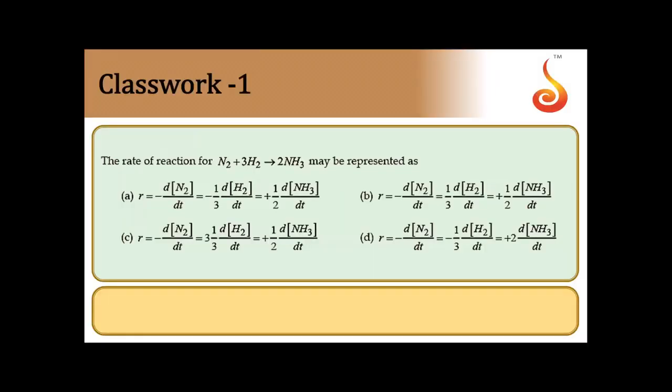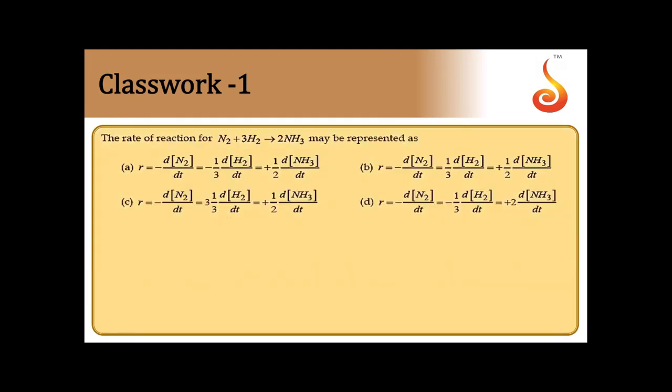The rate of reaction for N2 + 3H2 giving rise to 2NH3 may be represented as rate of reaction with respect to N2 + 3H2 giving rise to 2NH3. Here, rate with respect to reactants will be in terms of negative sign and products will be in terms of positive sign.